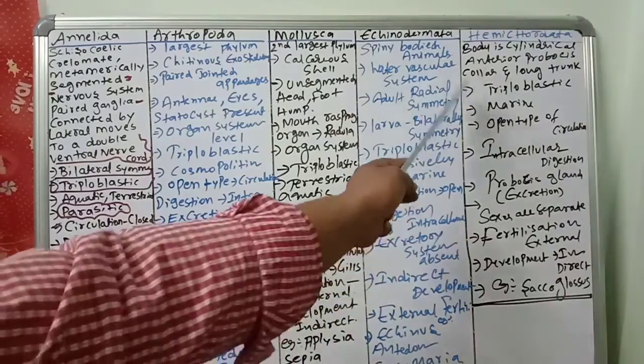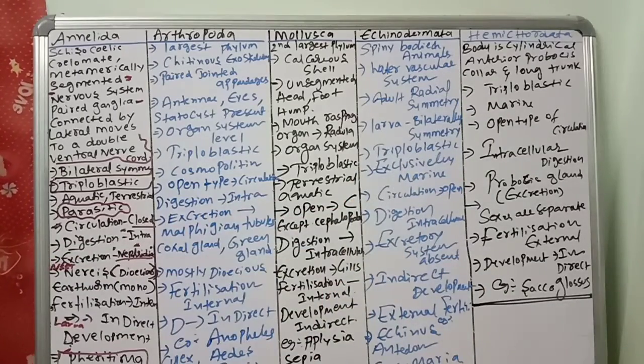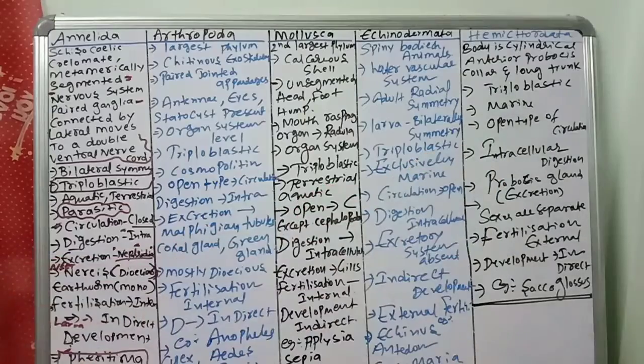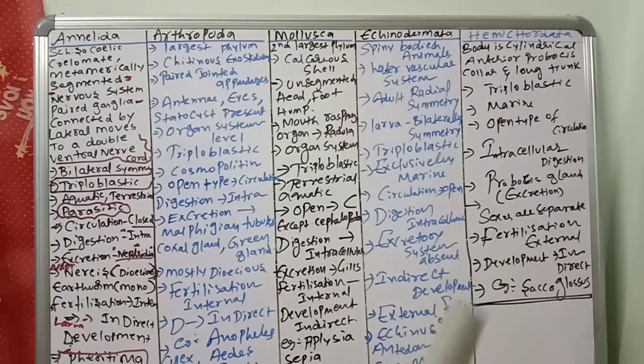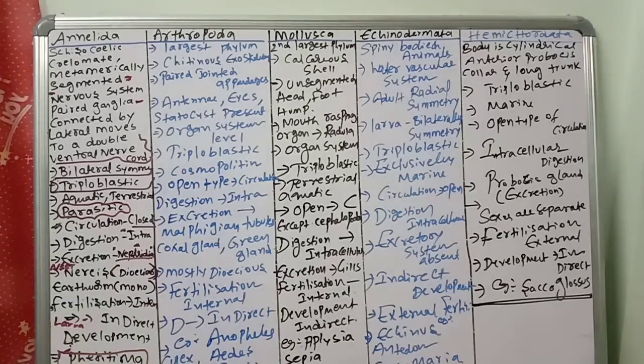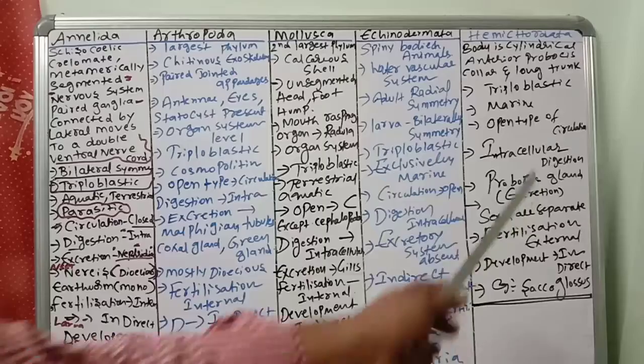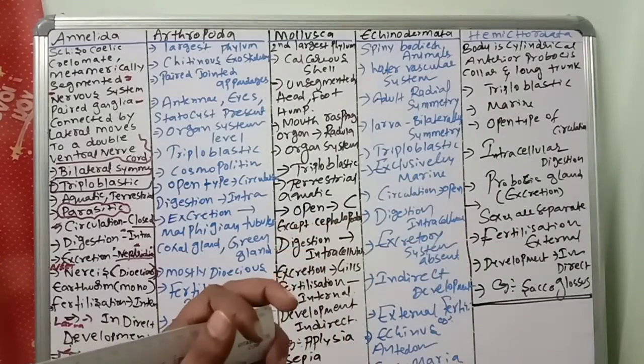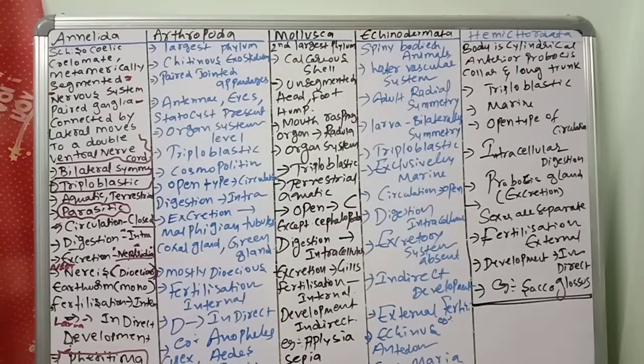These hemichordates also show organ system organization. They are triploblastic. What's the meaning of triploblastic? Just now I said three layers: ectoderm, mesoderm, endoderm. And they are marine, living in ocean waters or salt water.